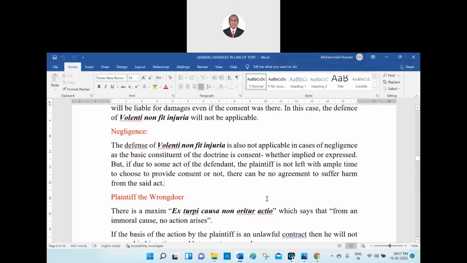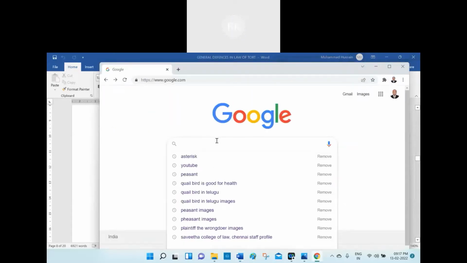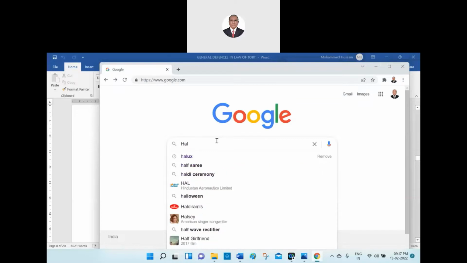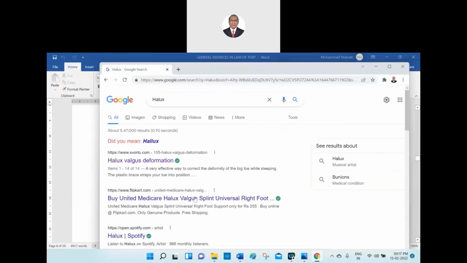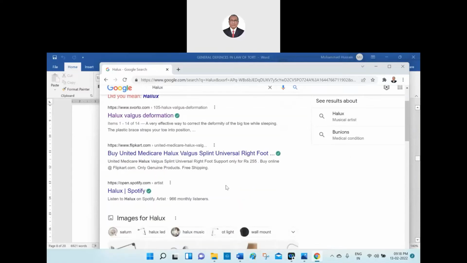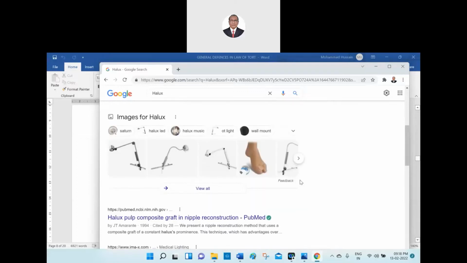Yesterday only I told you. Hallux, hallux. I told you. Yes, sir. See, this is the hallux. I will show you that. Did you observe here, hallux? Yes, sir. The spelling is H-A-L-L-U-X.